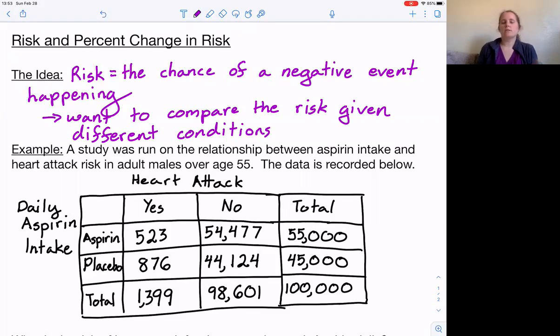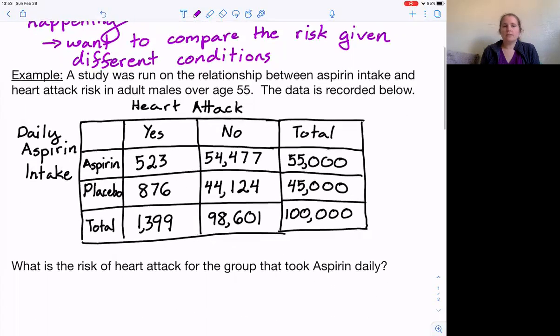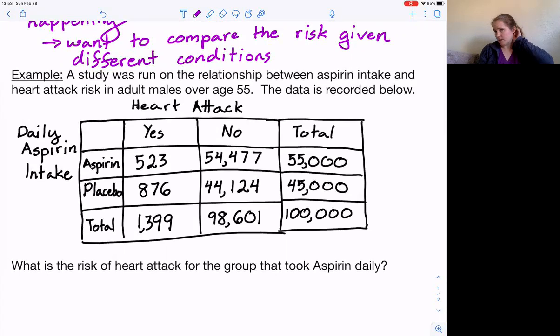So let's take, for example, a study was run on the relationship between aspirin intake and heart attack risk in adult males over age 55. And the data is recorded below. In this study, there was one group that took aspirin daily and one group that was given a placebo pill, meaning a pill that doesn't have any medication in it.